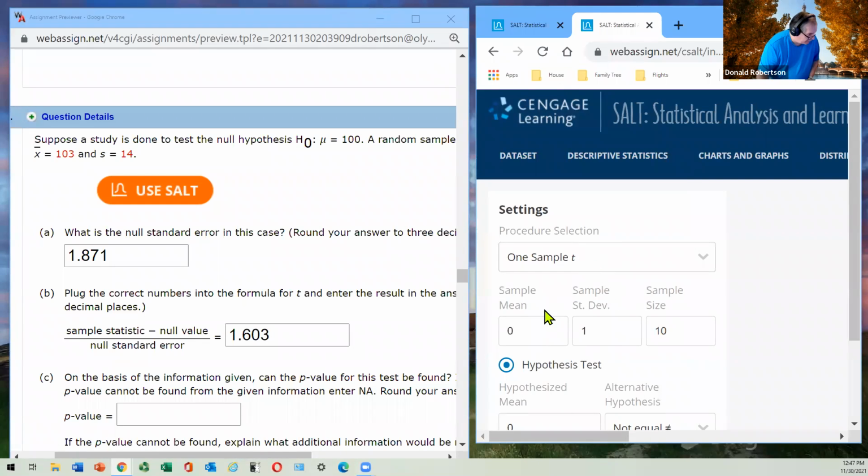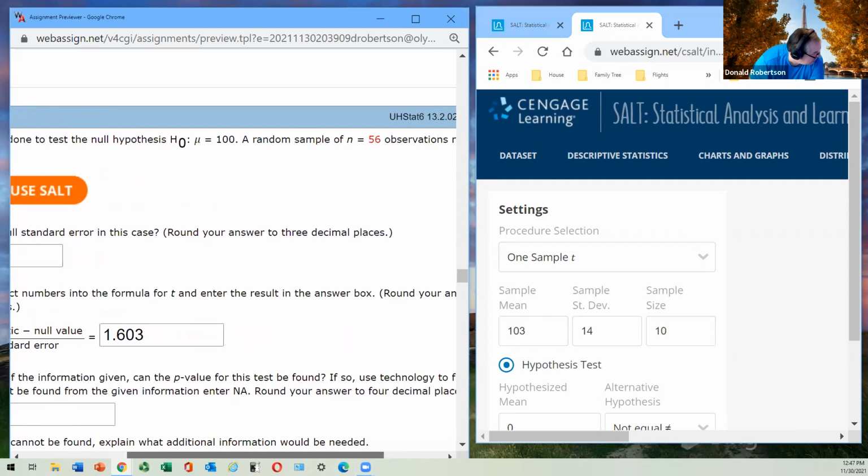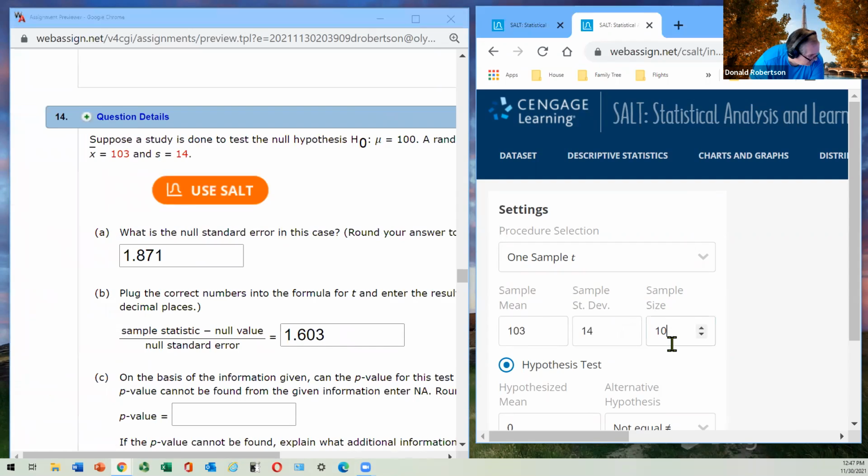and one sample t, the sample mean in this story was 103. The sample standard deviation was 14. And the sample size was 50 something, let's check again, 56. Did you see that I didn't need to do degrees of freedom or anything?